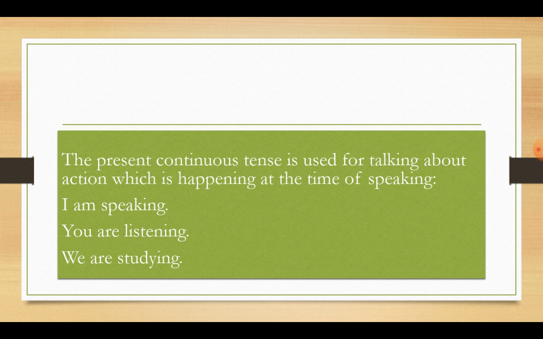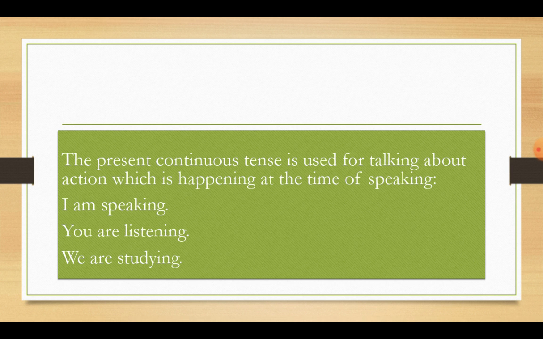Now, next is present continuous tense. Something we are talking about at the time of talking even. Like the action is happening when we are talking. Like right now. The best example I have picked up here. What is happening right now?